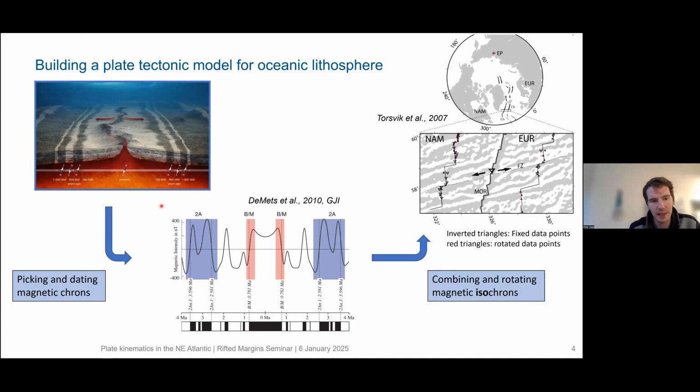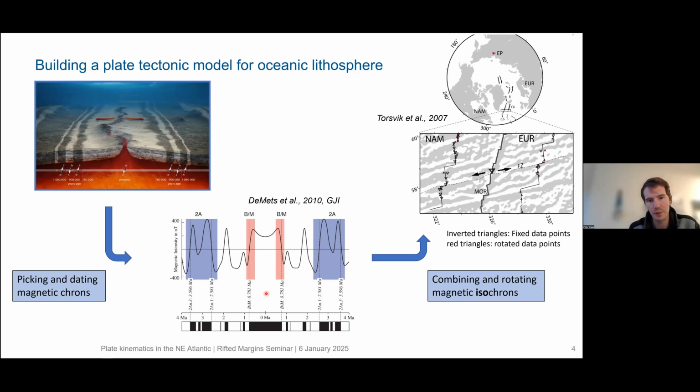Now we can pick and date these reversals, and then we get magnetic chrons, and this is an example profile across the ridge over here. When we have a look at the magnetic intensity, we can pick the peaks in this intensity and correlate them to certain times.